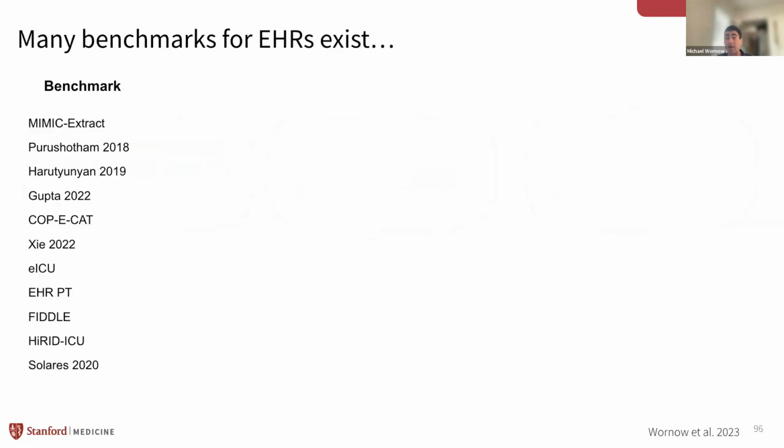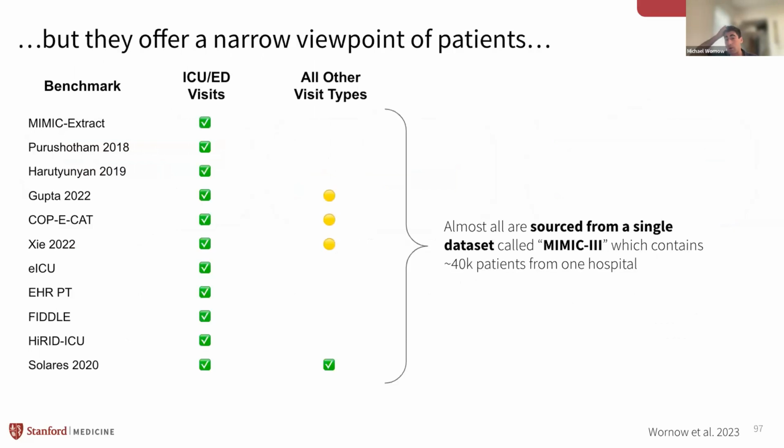In fact, a lot of benchmarks for EHR data currently exist. And the citations listed here are actually really well done. But just like a model is only as good as its data, so too is a benchmark. And it's been very difficult to release EHR data for research and public use, as I'm sure you can imagine. And so a lot of these benchmarks are drawn from basically the same exact data set.